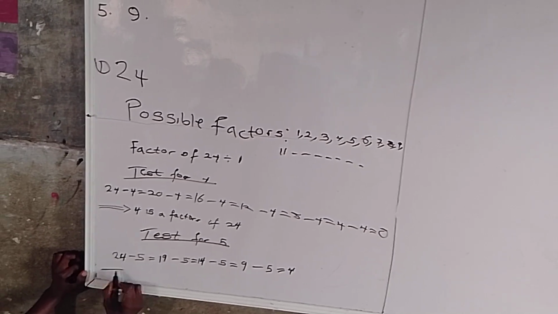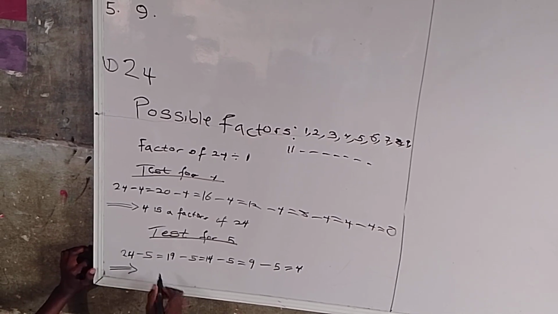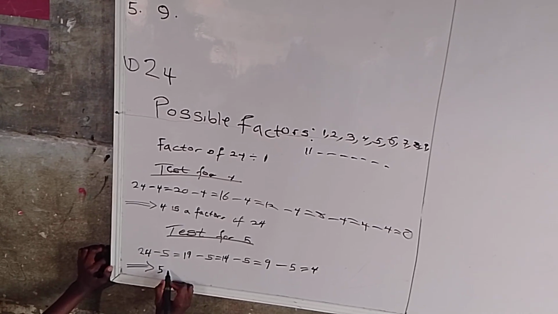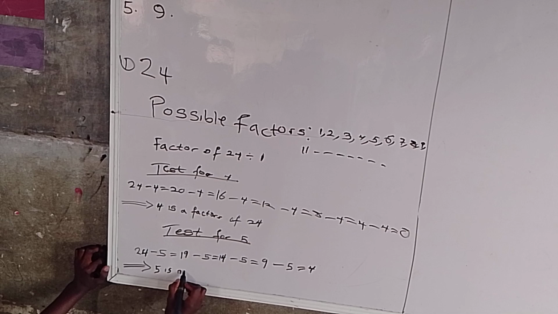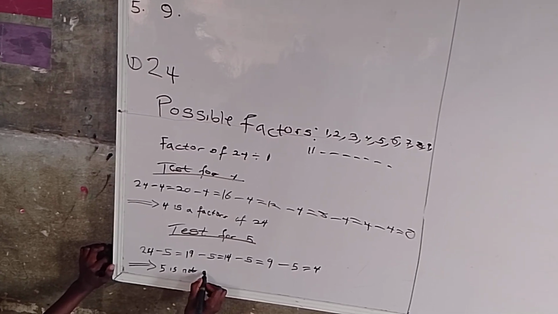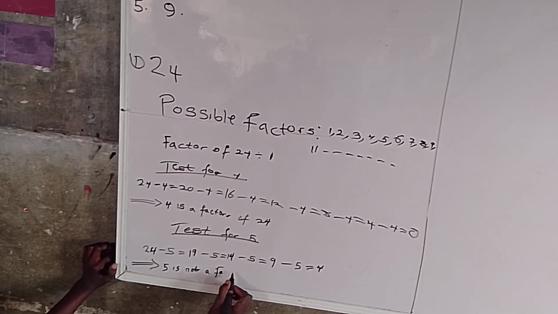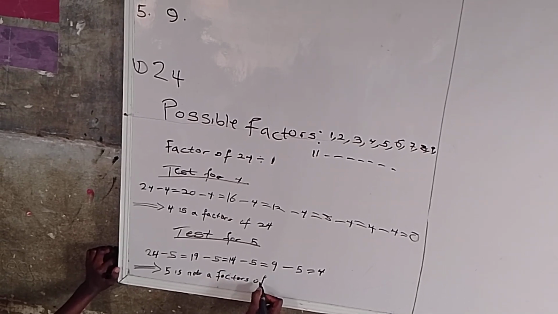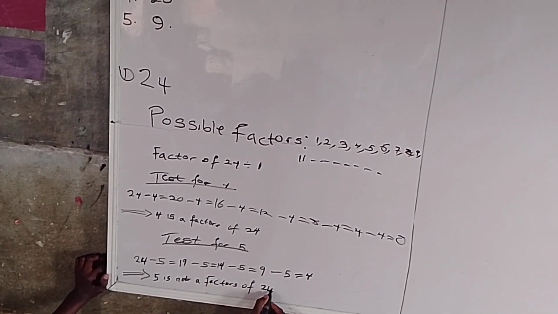This implies that 5 is not a factor of 24.